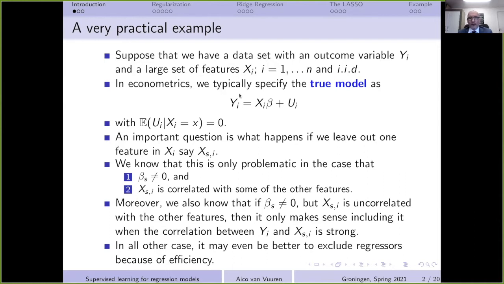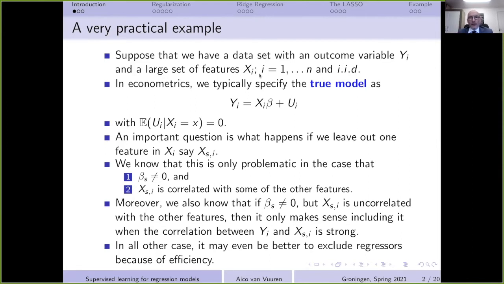Now you might say, well, if we want to get a good predictor, then maybe the best thing is always to include as much as possible in this xi that we have over here. We do not know exactly what the true model is, but what we could do is include as much as possible in the x's.